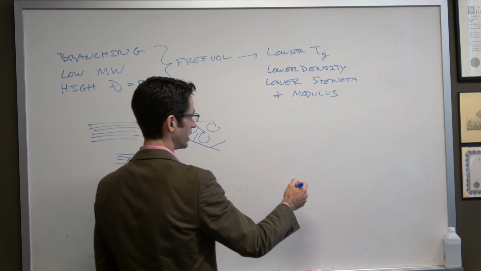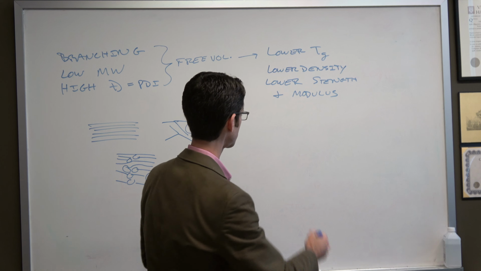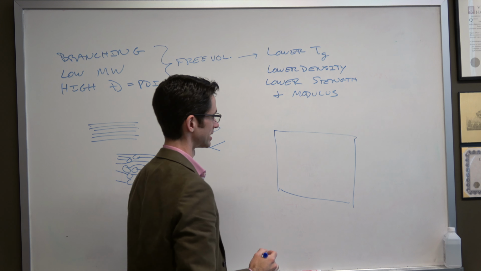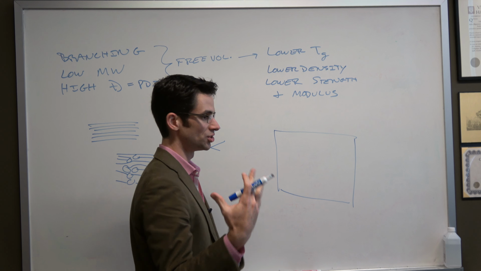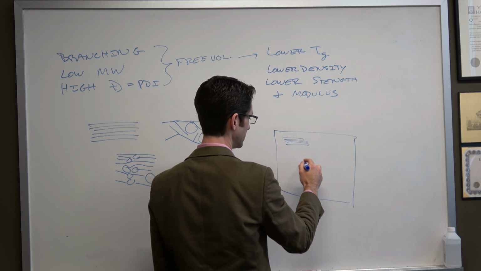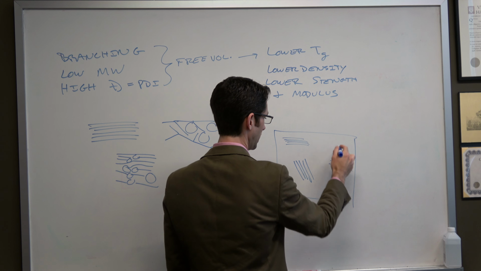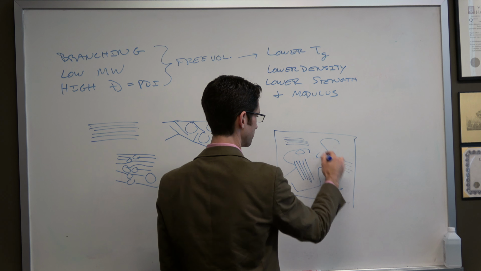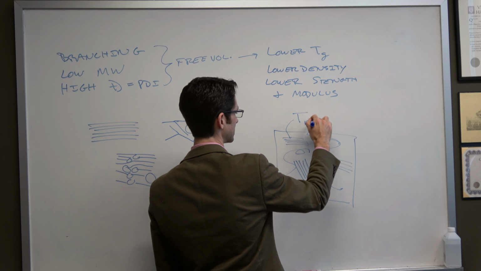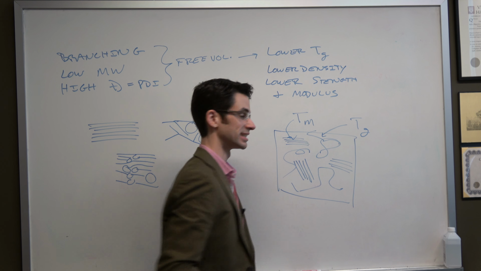How about the difference between the glass transition temperature and the melting temperature? The simplest way to think about a polymer sample is that it has two types of domains in it. It has crystalline domains, or some materials have crystalline domains, not all, and it has amorphous domains. The crystalline domains have a melting temperature, and the amorphous domains have a glass transition temperature.